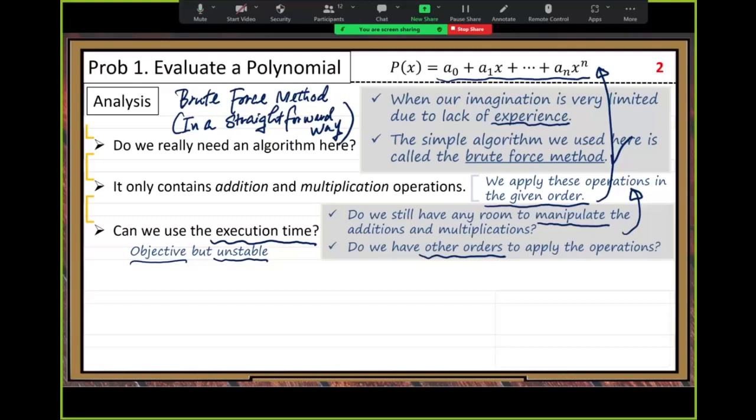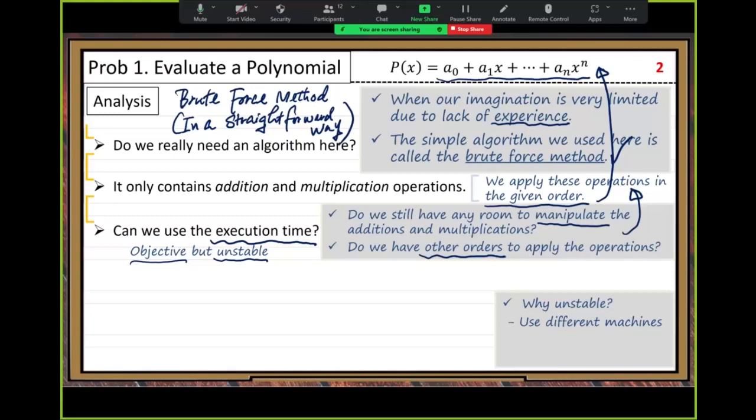Unfortunately, if you want to use the execution time, it's not a stable measure for the efficiency. Why not stable? Because people can use different machines to run the same program, right? If you use some old, slow computer, you may get a slower execution time.